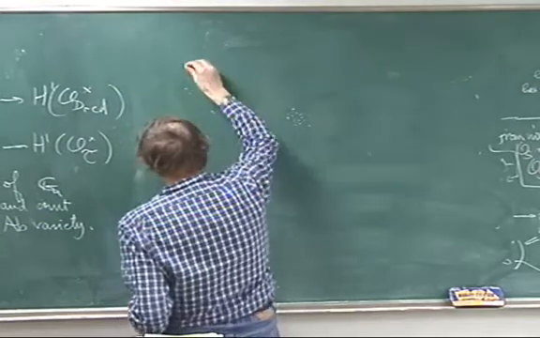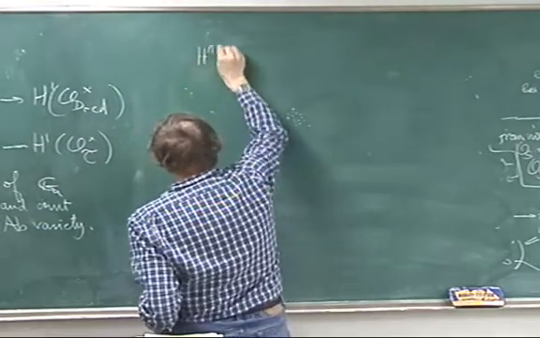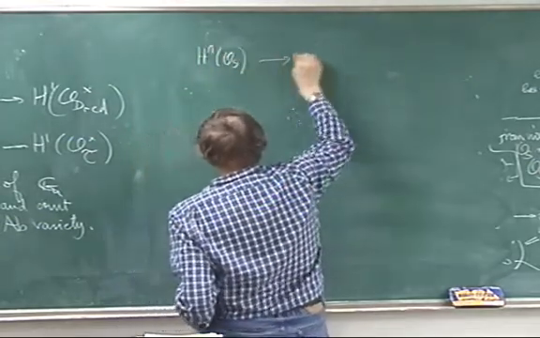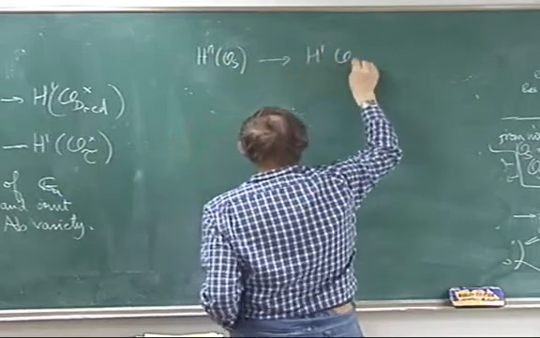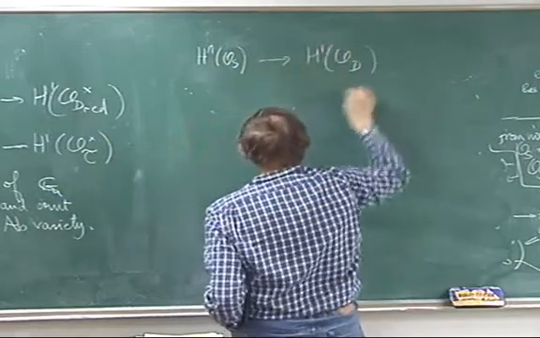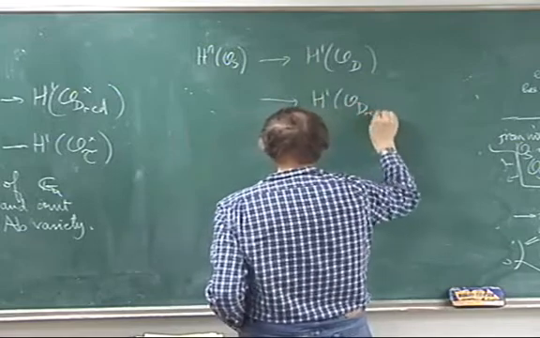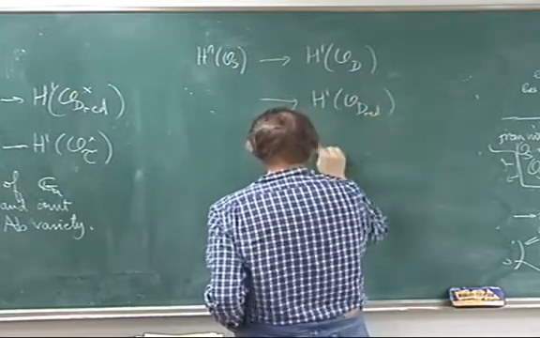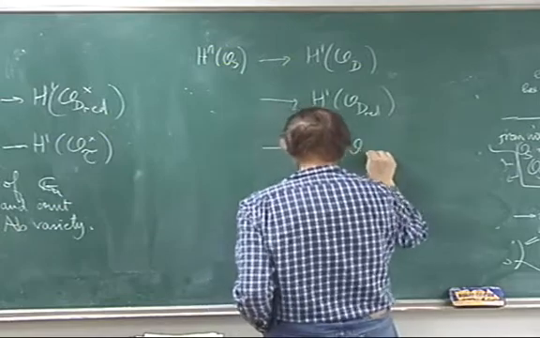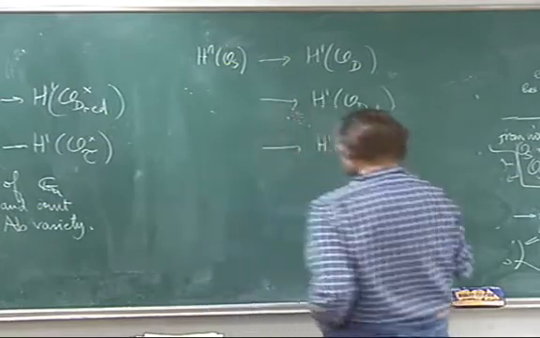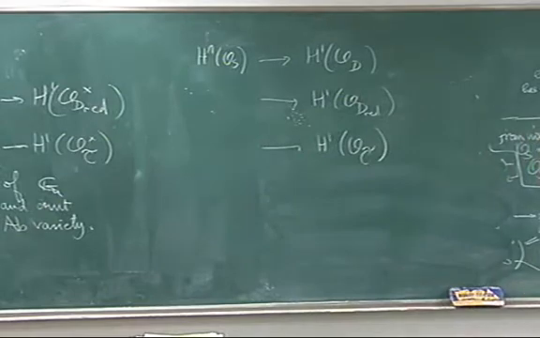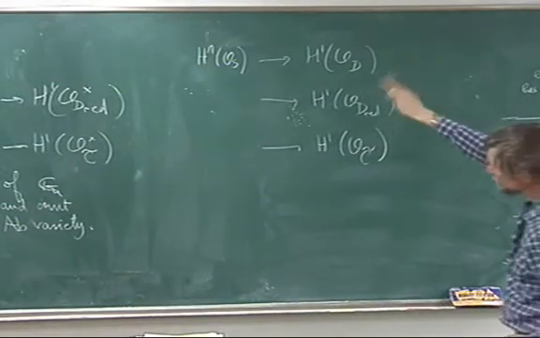So logically, I've got H1(O_S) maps to H1(O_D), and then maps to H1(O_D reduced), and then maps to H1(O_C twiddle), a resolved reduced part. Right, so I have these maps, these morphisms.